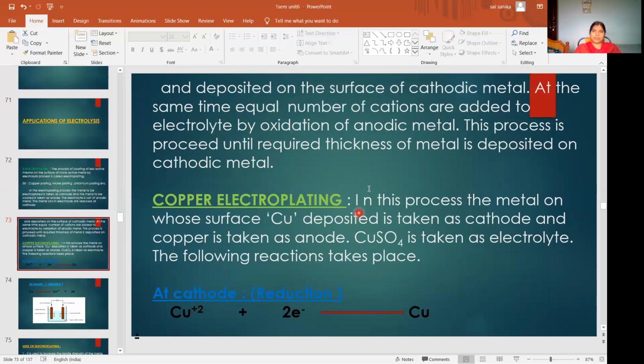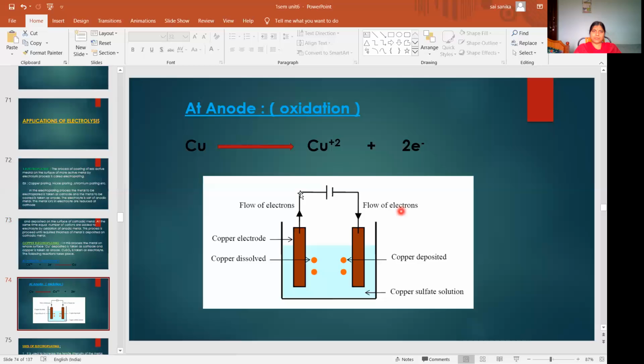If it is copper plating, here you have to discuss copper only. That means we are plating copper. First you have to draw the diagram, so that by the diagram you can easily explain the process. For copper plating, we take an electrolytic cell. In the electrolytic cell, copper sulfate solution is the electrolyte.